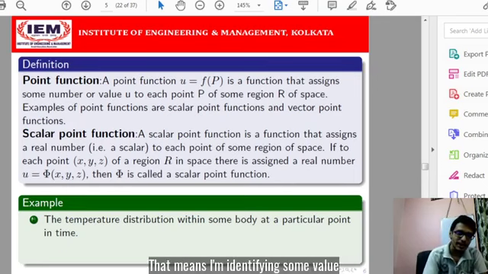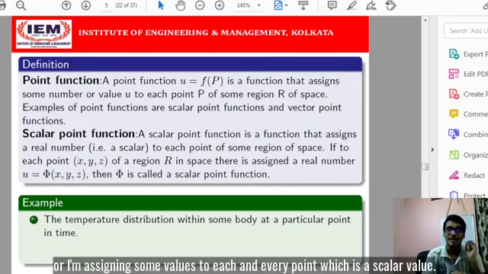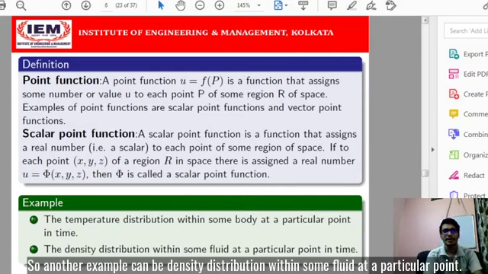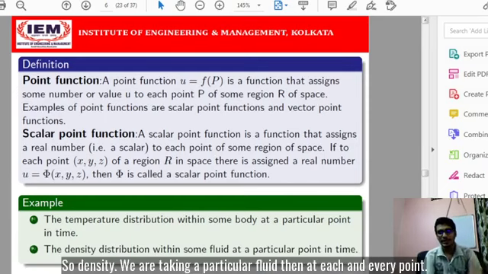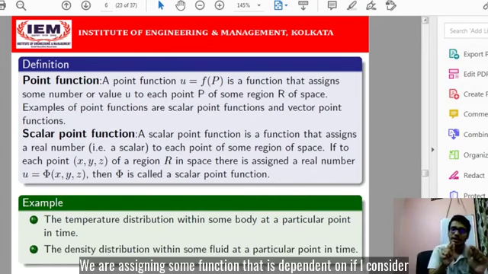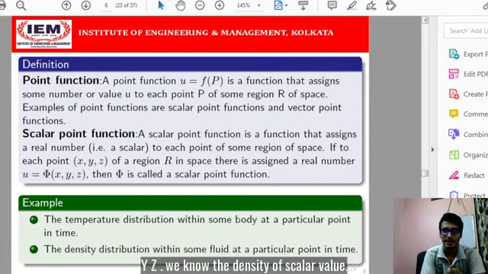That means I am assigning a scalar value to each and every point. Another example can be density distribution within some fluid at a particular point. We are taking a particular fluid, then at each and every point we assign some function that is dependent on, if I consider three variables, x, y, z. We know that density is a scalar value.